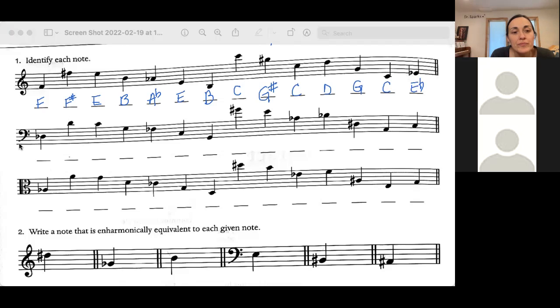The acronyms that I've learned are good boys do fine always, and then all cows eat grass. It might be a little bit hard to read there in the middle of the clef, but that's our guide. So looking at that, where do we start?